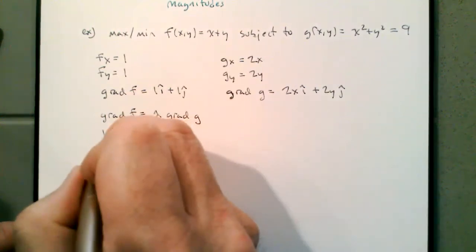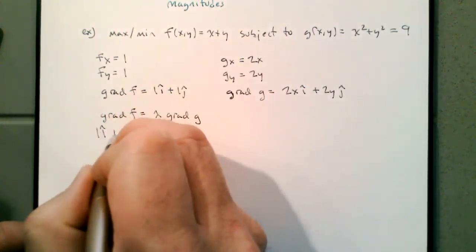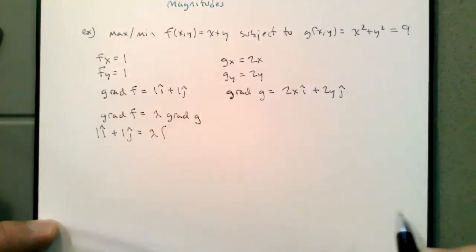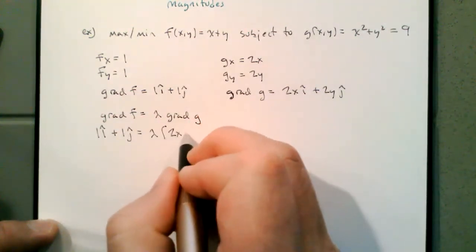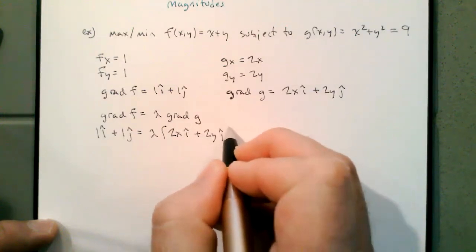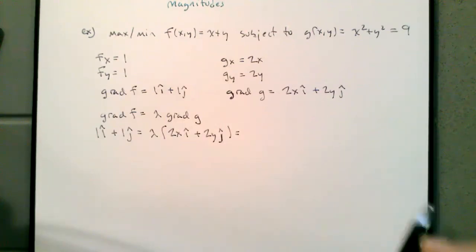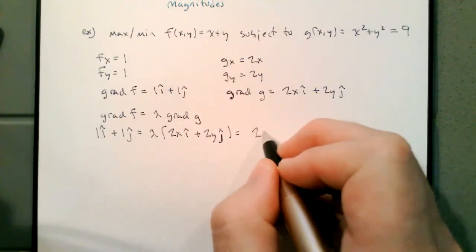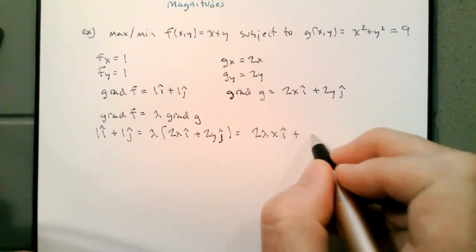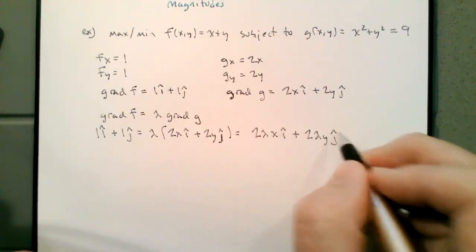That means 1i plus 1j is equal to lambda times the gradient of g, which is 2xi plus 2yj. If I incorporate the lambda in, it would look like 2 lambda x i plus 2 lambda y j.